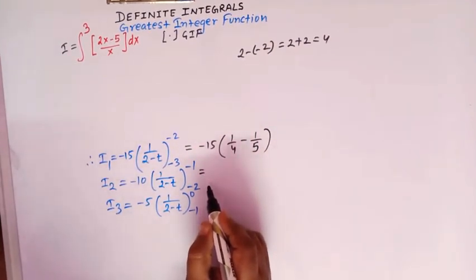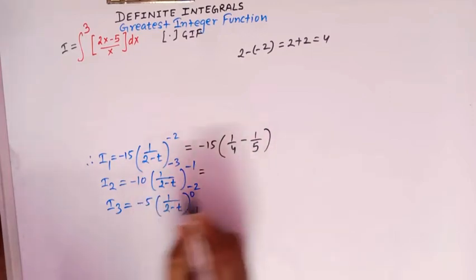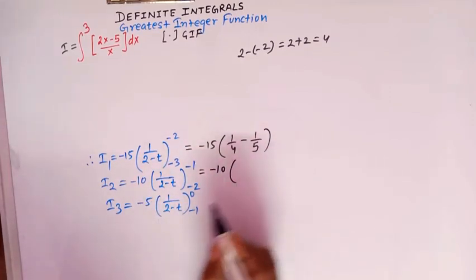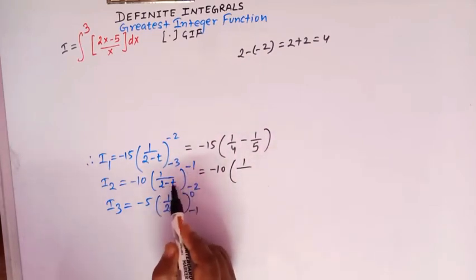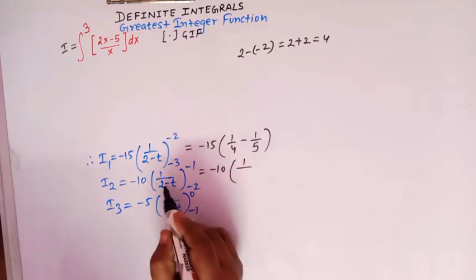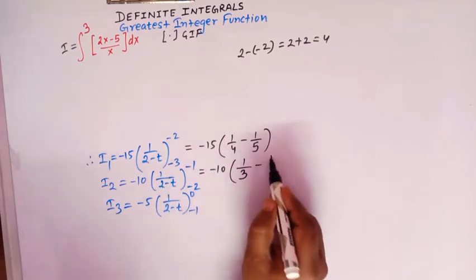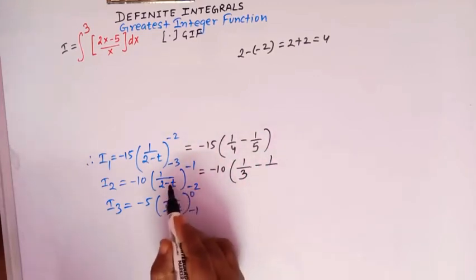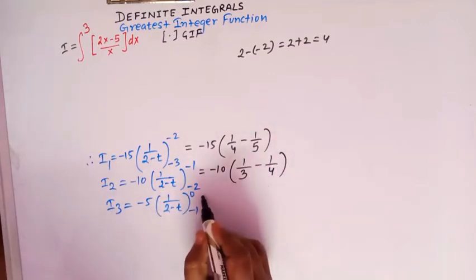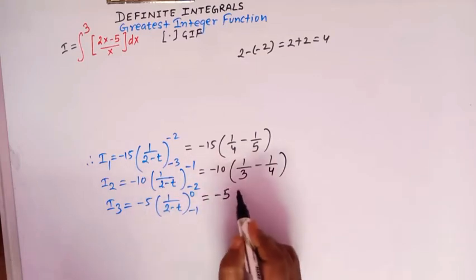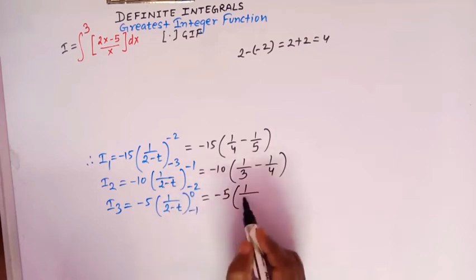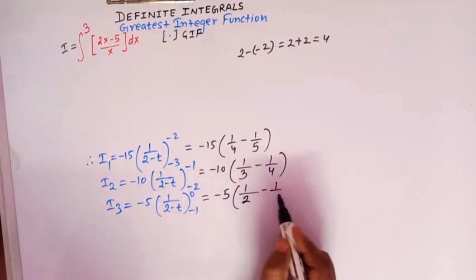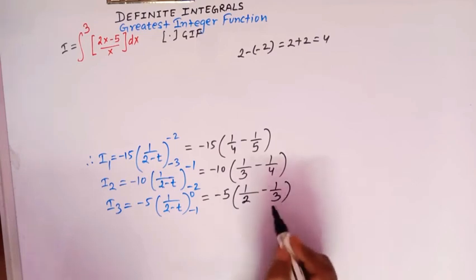Similarly, in I2 we have minus 10, and then 1 over 3, since for minus 1 this becomes 2 plus 1, that is 3, and then minus 1 over 4, since for minus 2 this is 2 plus 2, 4. And here we have minus 5, and 1 over 2, since t is 0, minus 1 over 3.